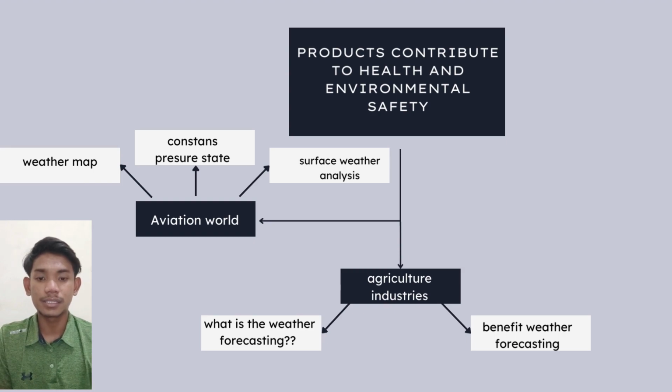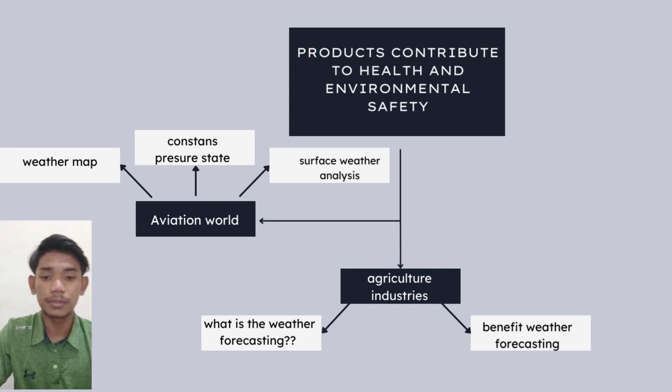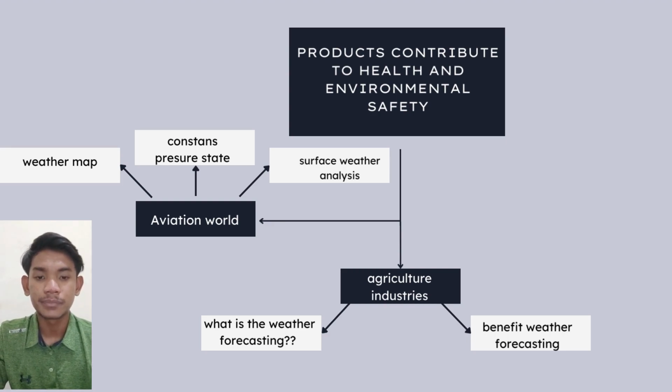The next sector is the agriculture industry, which is about farming. In this sector there is weather forecasting, which is the prediction of atmospheric conditions based on a place and a time. Weather forecasting makes farmers work more efficiently in their day-to-day operations.